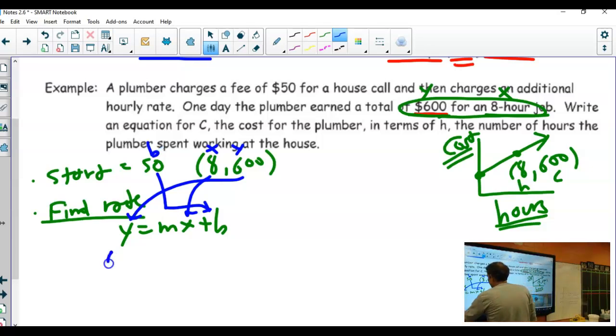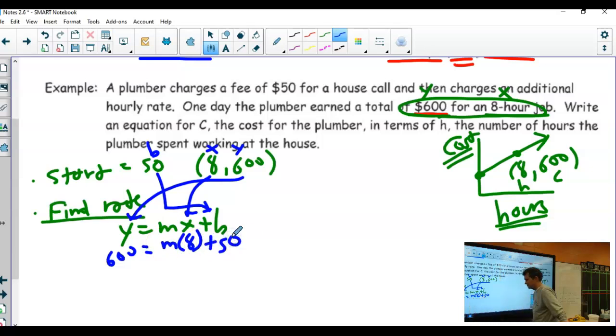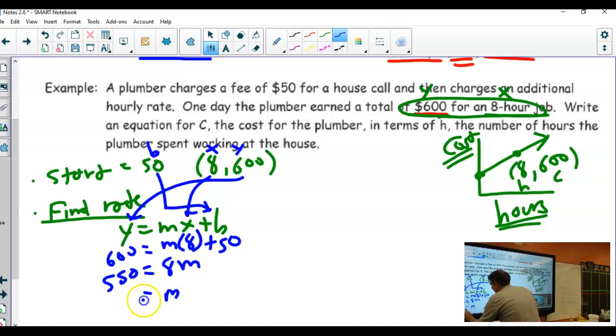And I would say 600 equals m times 8 plus 50. And I would subtract 50 from both sides. And I would divide by 8. And I would get $68.75.